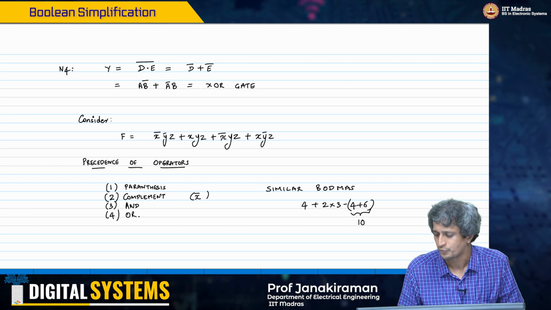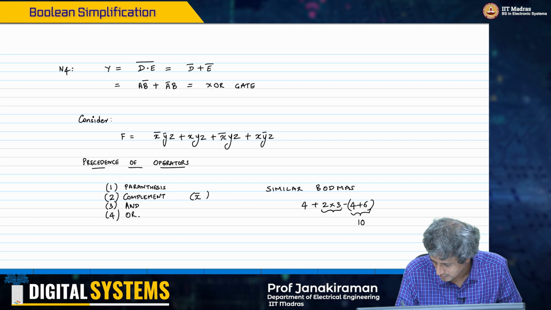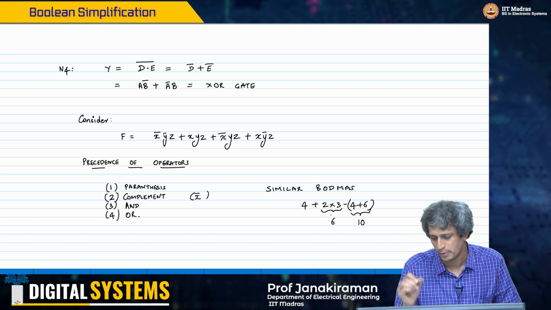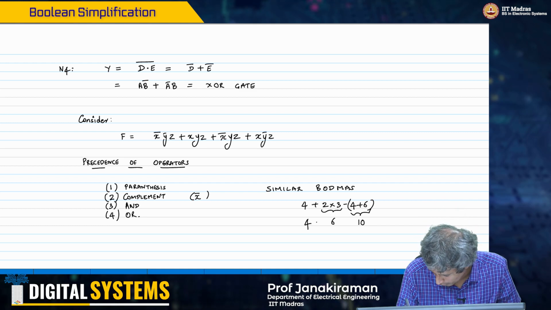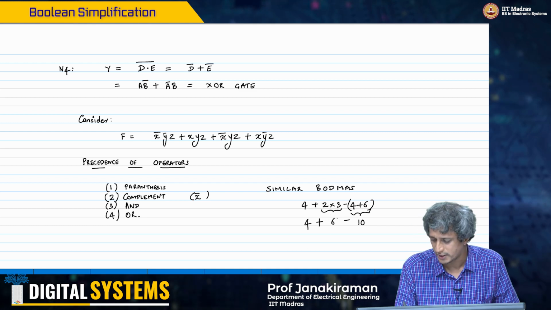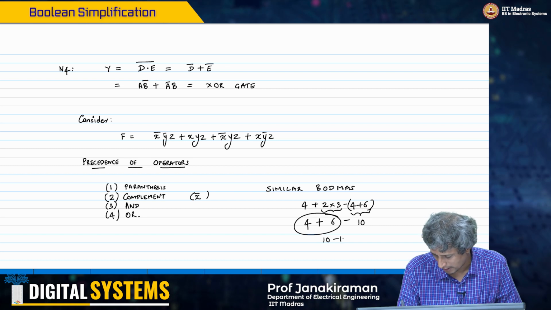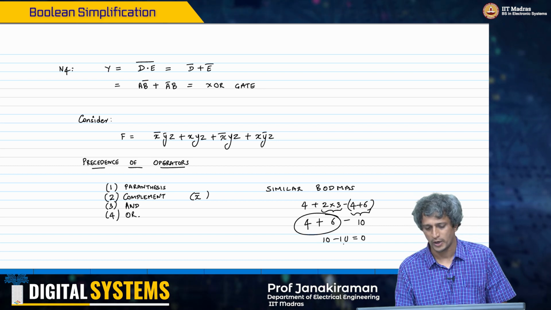This is 10, okay. Then 3 into 2 is 6, because multiplication comes next, and then you have 4 plus 6, which is 10, and 10 minus 10 equals 0, okay.